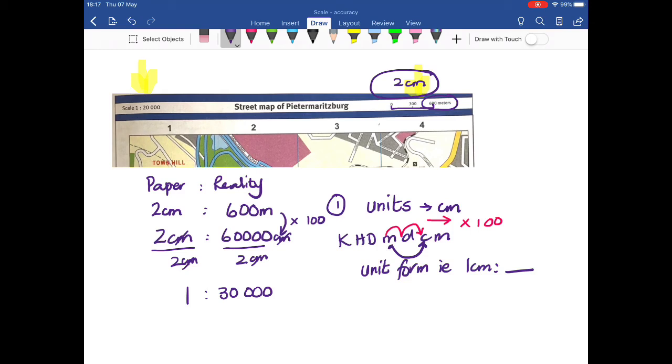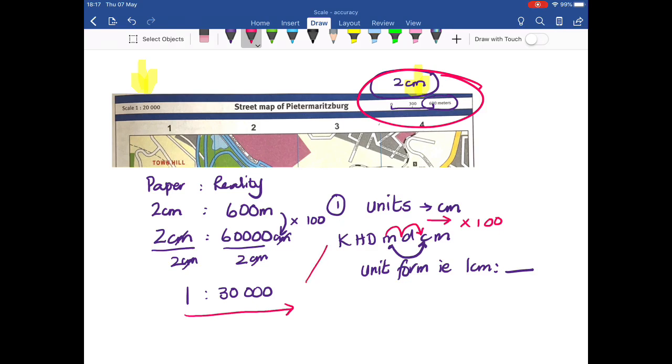Now I know that it is 1 centimeter on paper represents 30,000 centimeters in reality. But you can see I've cancelled out my centimeters because in a ratio, we never ever write units. So that would be my number scale, my bar scale written as a number scale.